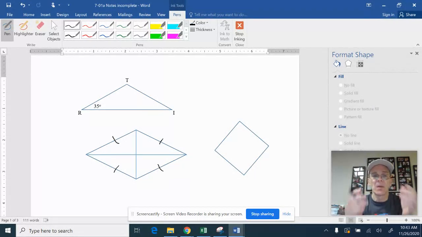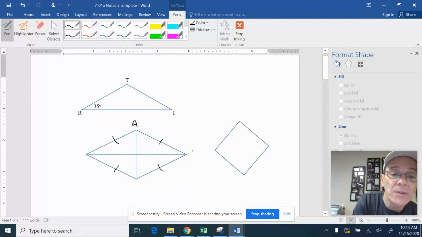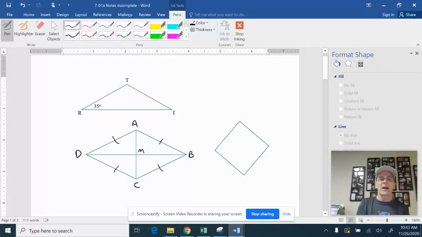Okay, but look at this figure, and I'm going to name some letters now. Let's call this rhombus A, B, C, D. Let's call this point right here at the center point M. I've got triangle DAB. Clearly, that's an isosceles triangle, right? Triangle DAB, that big triangle on the top, because it's got two congruent sides.